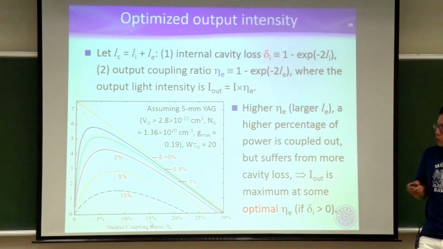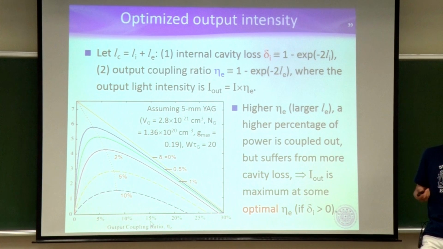If you reduce the internal cavity loss, delta I, say from 10% to 5%, you get a different curve, the orange one. This time, your optimal intensity is bigger because you have smaller internal cavity loss.